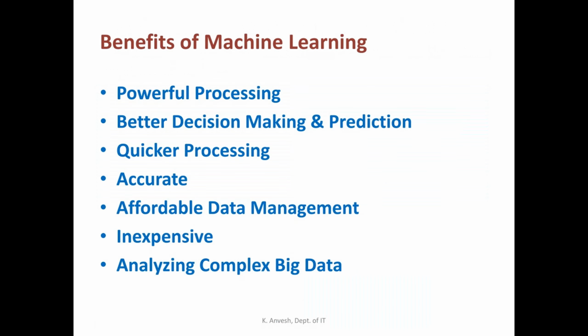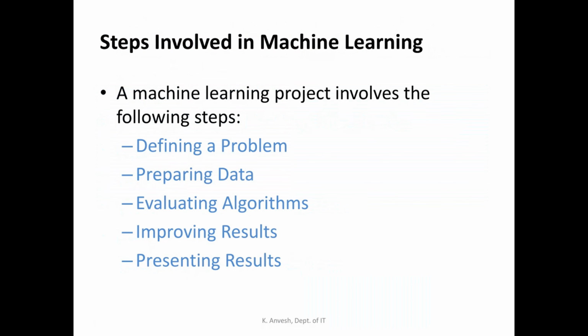Benefits of machine learning: powerful processing, better decision-making and prediction, quicker processing, accurate, affordable data management, inexpensive analyzing of complex big data. Steps involved in machine learning. A machine learning project involves the following steps: defining a problem, preparing data, evaluating algorithms, improving results, presenting results.